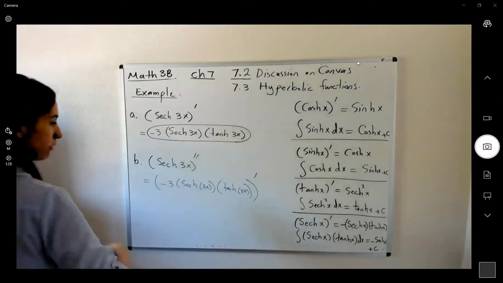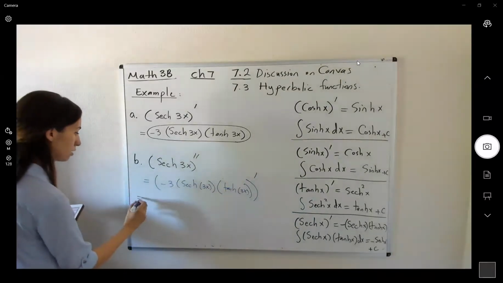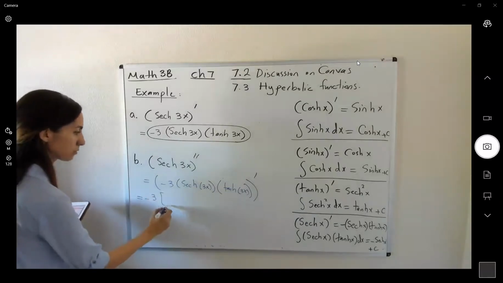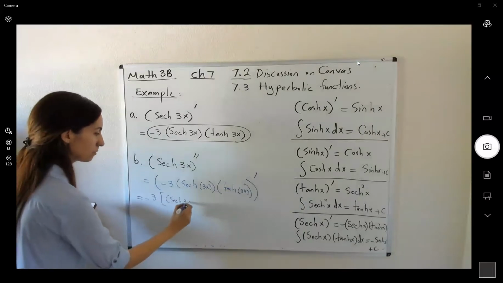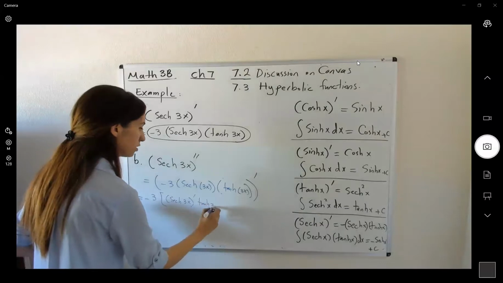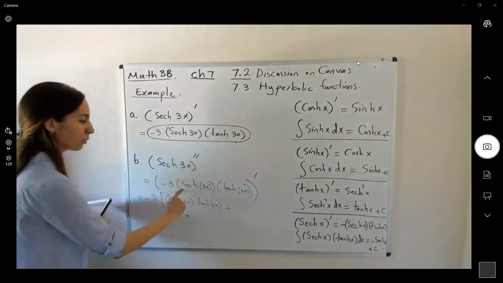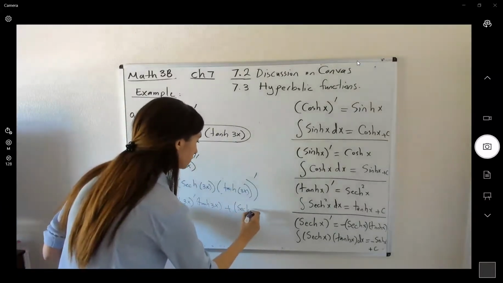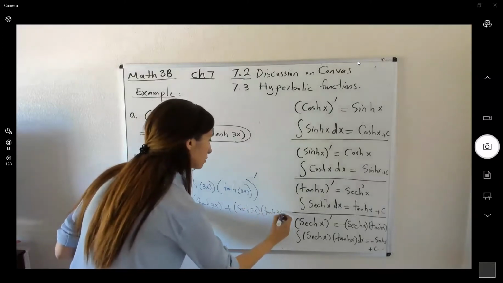First of all, you have a constant. We can write down the constant in front of the product rule. Minus 3, the derivative of hyperbolic secant times hyperbolic tangent plus hyperbolic secant times the derivative of hyperbolic tangent.